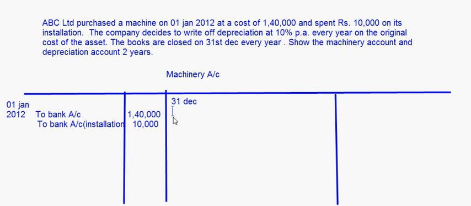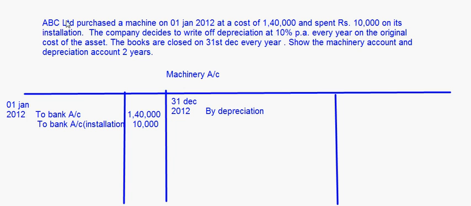Now depreciation is always provided at the end of the year, right? So here on 31st December 2012 we'll write by depreciation. Now that depreciation will be, I'll take the cost of the asset as 1,50,000 here because this installation will be added to that, right?